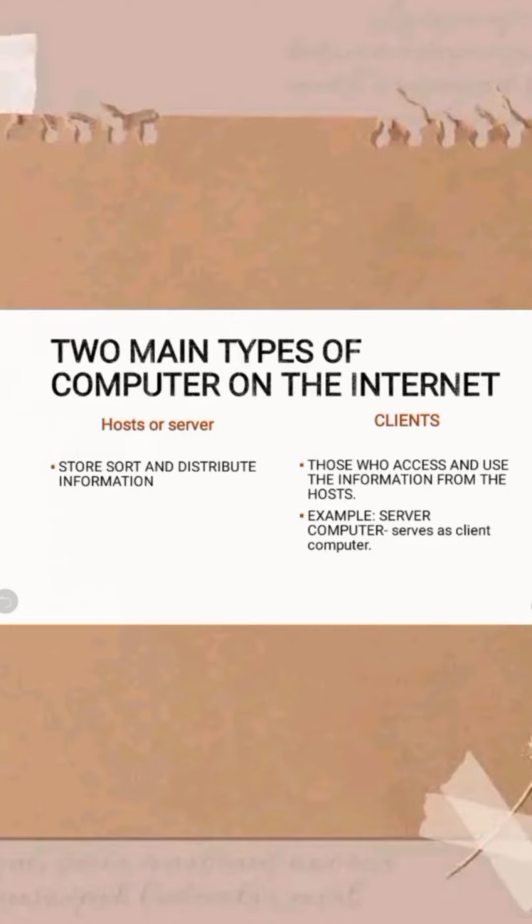On the other hand, clients are those who are accessing and using the internet information from the host. So the host or server is the one that provides information, and the client is the one who is using and accessing the information. So an example of clients is a server computer. A server computer can serve as a client computer.